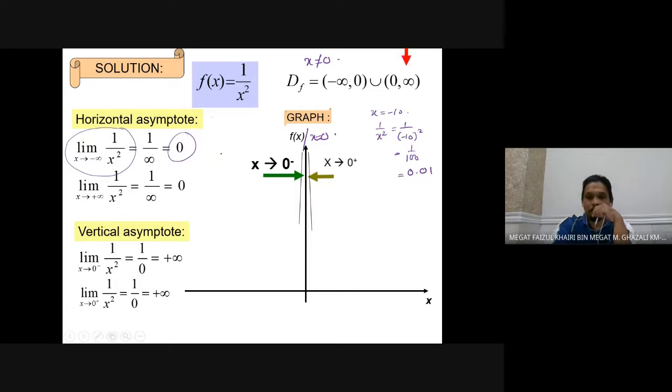So this graph will move approaching the line of the x-axis. Okay, the graph moves approaching the line here. So we're going to combine these two lines into one complete graph.